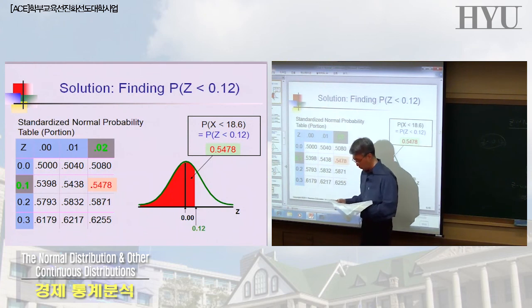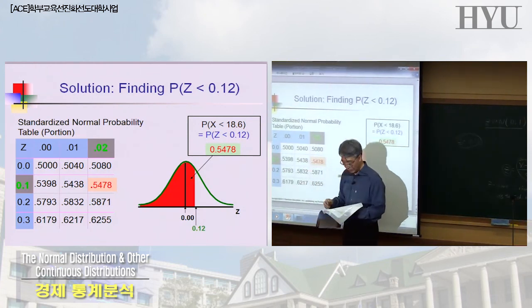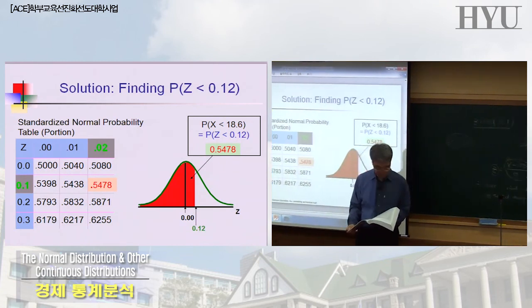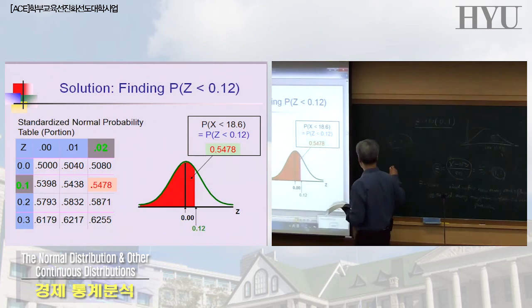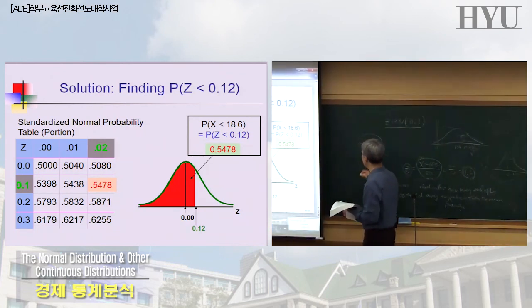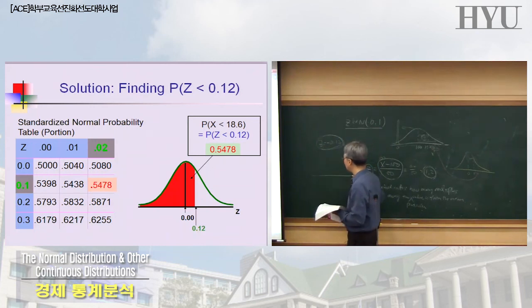Actually, this table is slightly different from the table in the textbook. But to make it simple, suppose your z-score is negative 0.12.